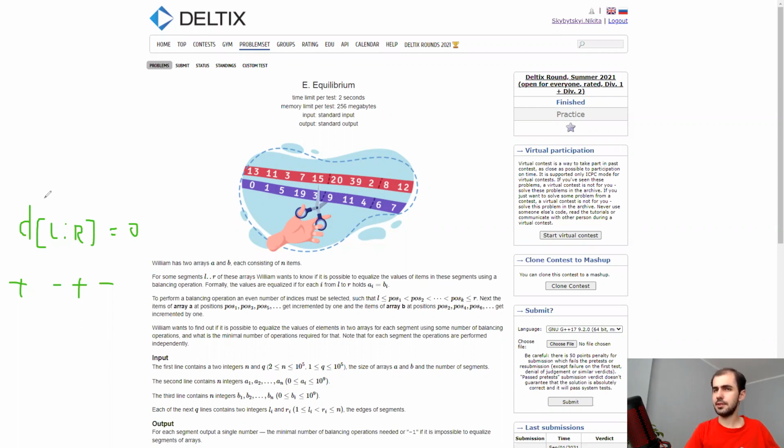And when we want to say something about pluses and minuses on a segment, it sounds a lot like we are going to need some data structure.